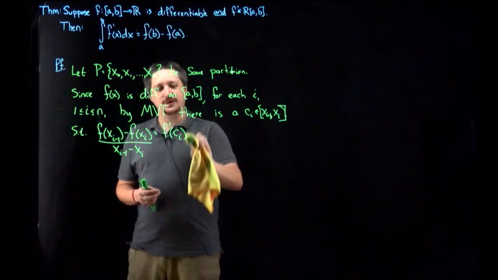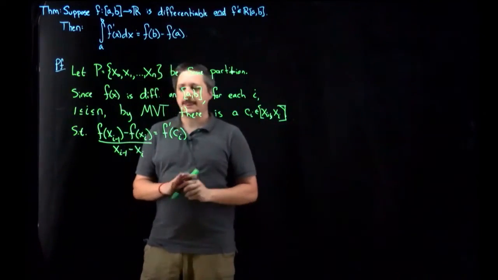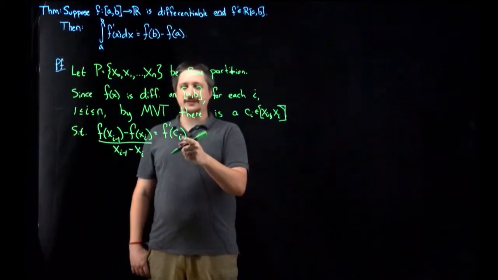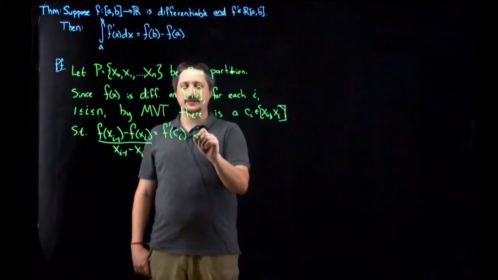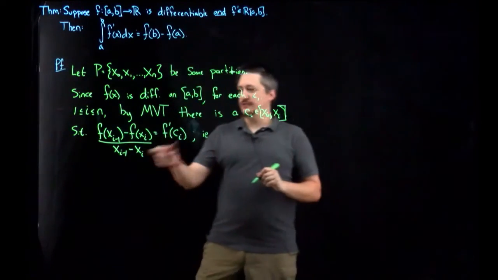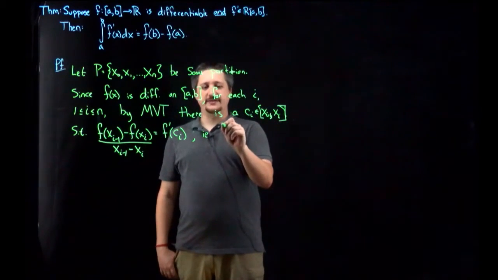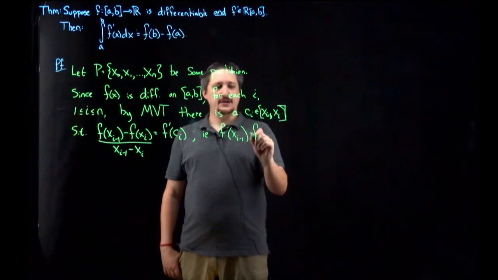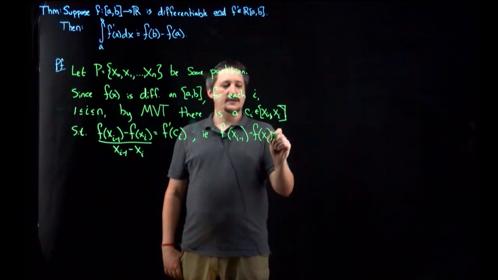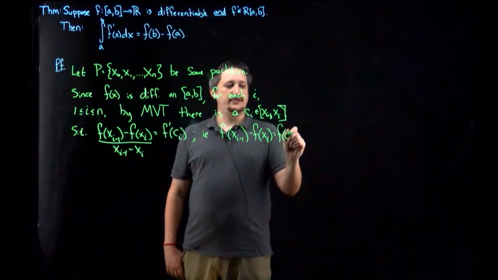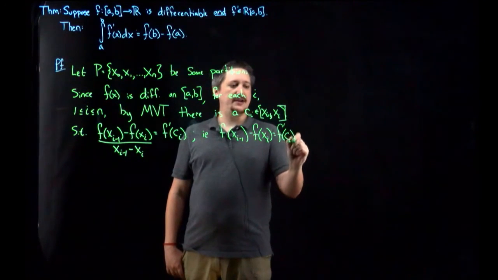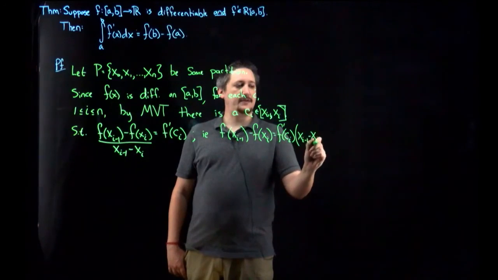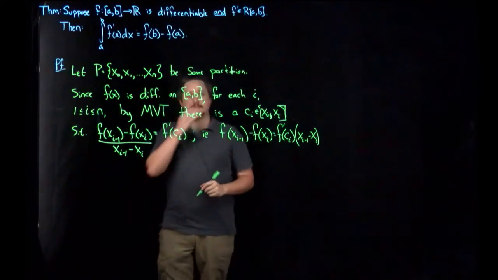I didn't have to write it this way, but I'm hoping this will be clearer. So the average slope is the derivative slope at that point. That's what MVT says. Moving this over, I can write this as f of xi minus 1 minus f of xi is f prime at ci times xi minus 1 minus xi. Okay.